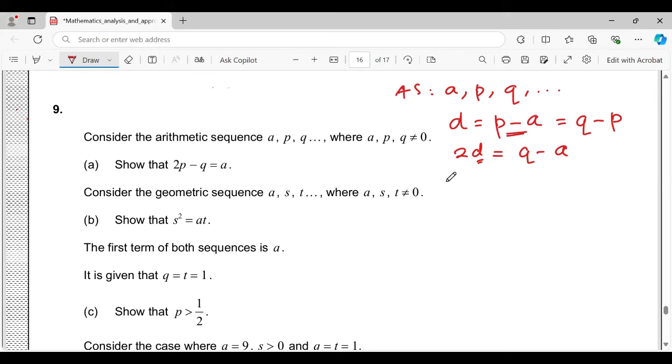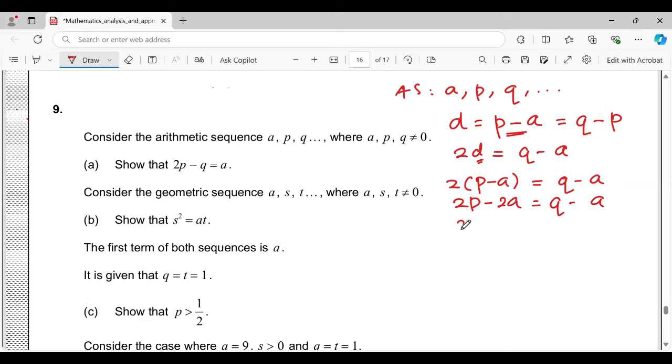So we can write 2 times (p minus a) equals q minus a. So 2p minus 2a equals q minus a.